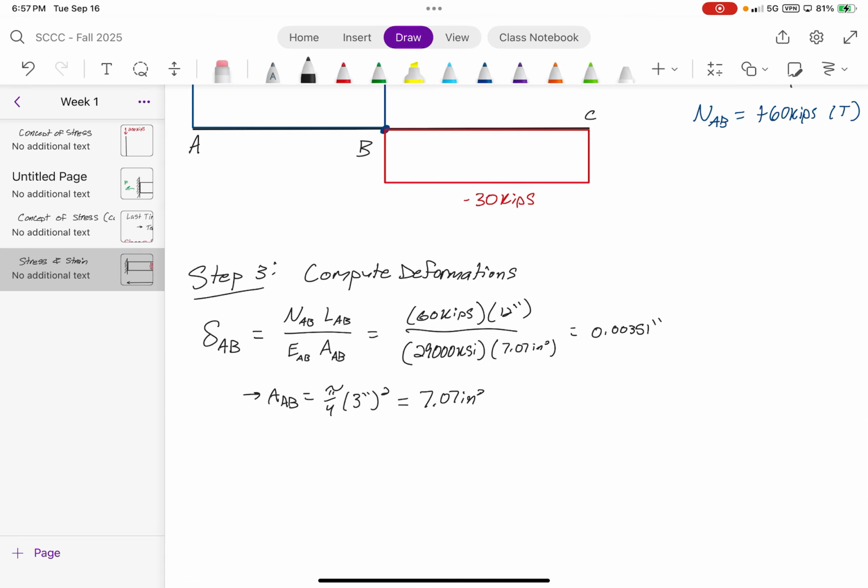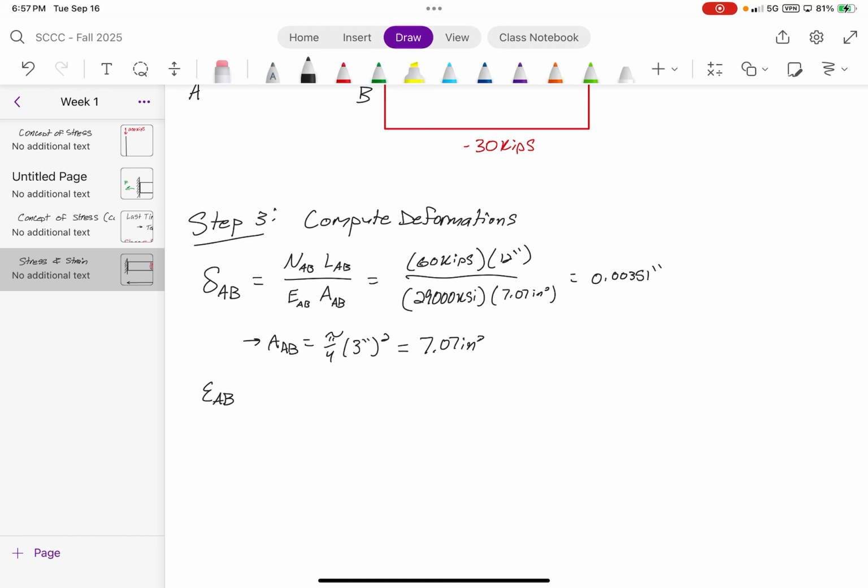So remember when we said we wanted to determine the strains? How would we determine the strain of bar AB now? The strain felt by bar AB.